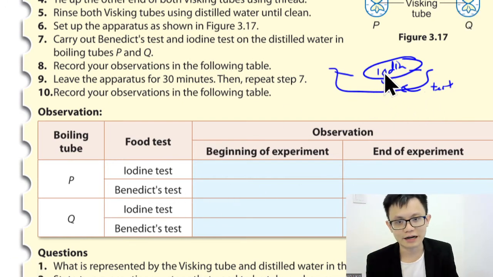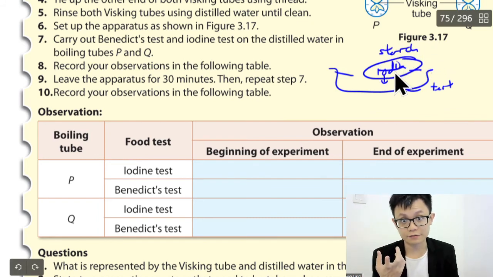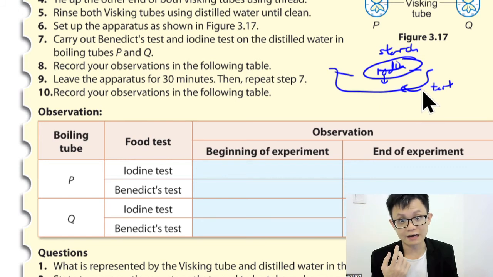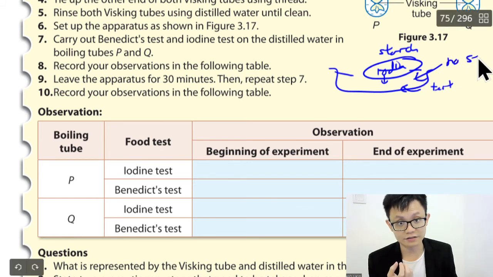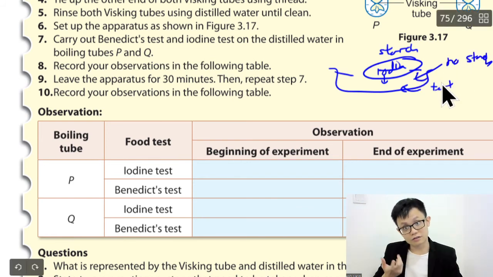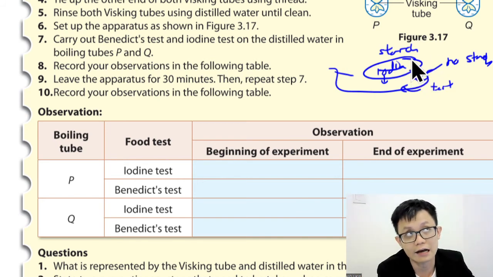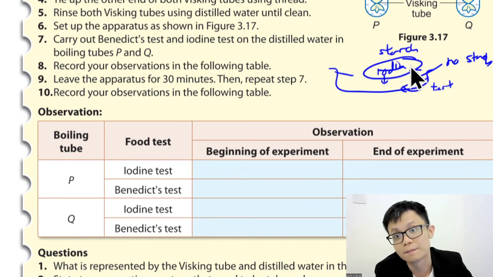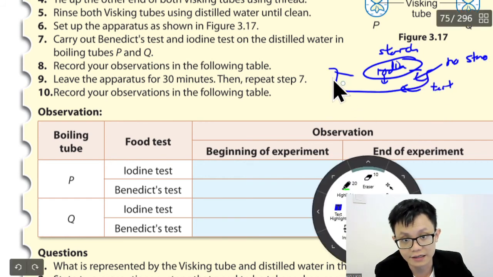If I test it, nothing will happen, no changes, showing that there is no starch outside. Correct or not? Because I put no starch there. So in this experiment, I can prove that starch is a big molecule. It cannot penetrate the whisking tube. Let me take my eraser and erase this.